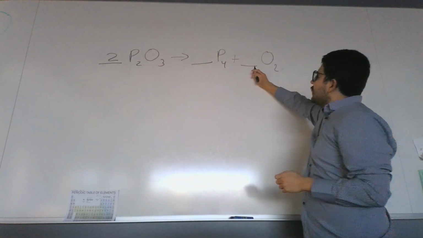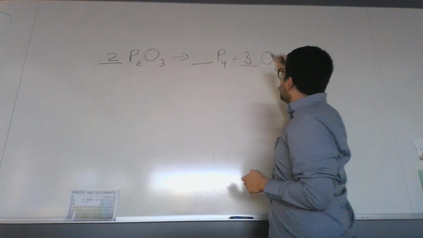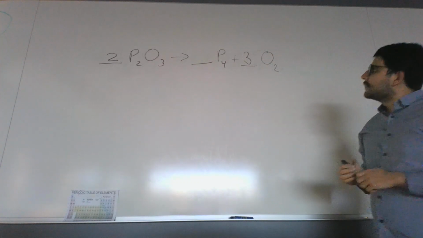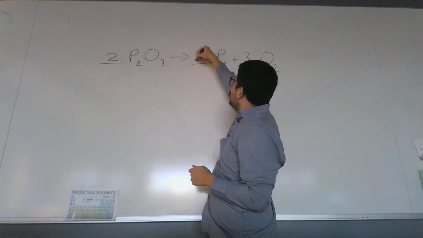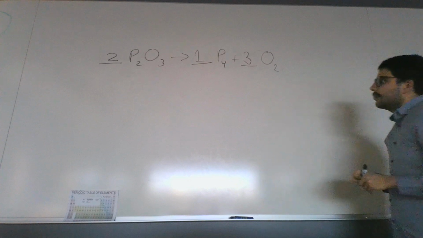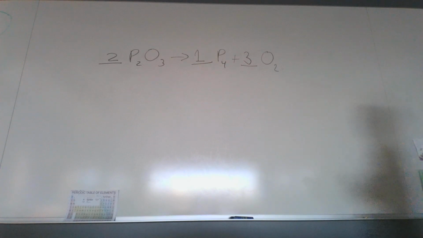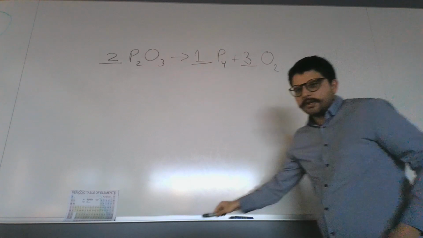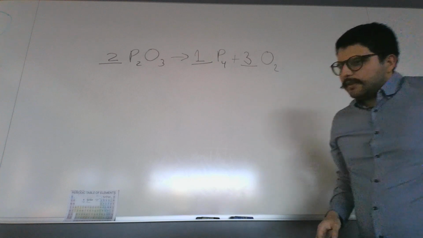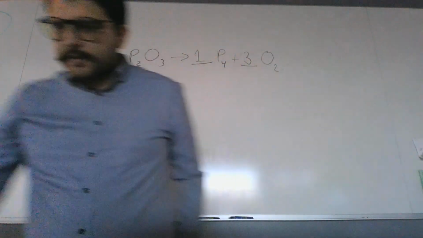We can change that by adding in a coefficient 3 right here. And we do not need to change the P4 coefficient, so we're going to leave that at 1. So that's how we balance out the equation right there.